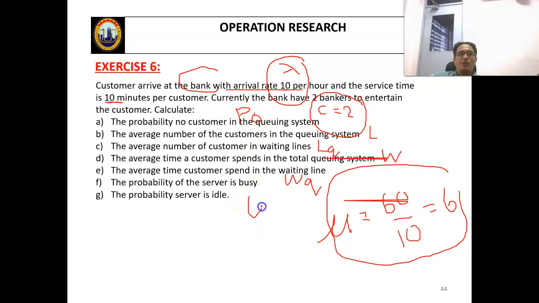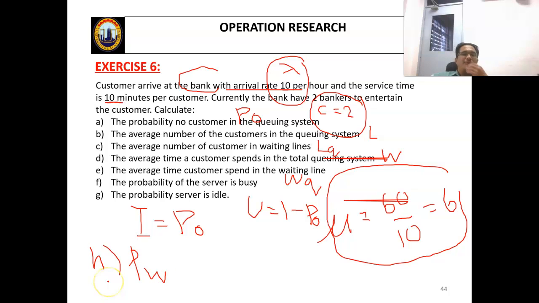So busy is U equal to 1 minus P0. Okay. Probability no customer in the system, probability server is idle, I equal to P0. Then we can also calculate PW, the probability the customer must wait before being served.